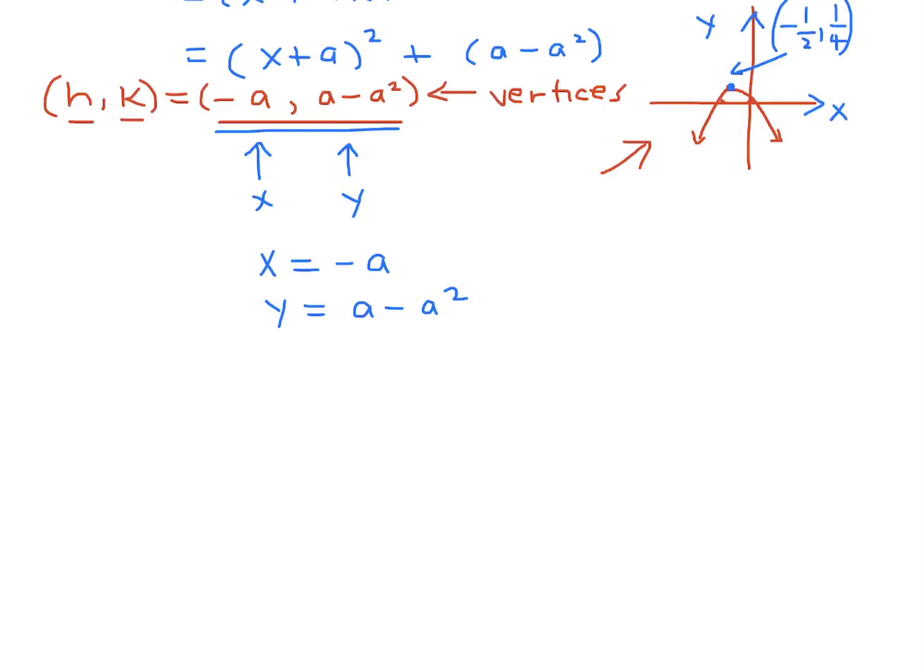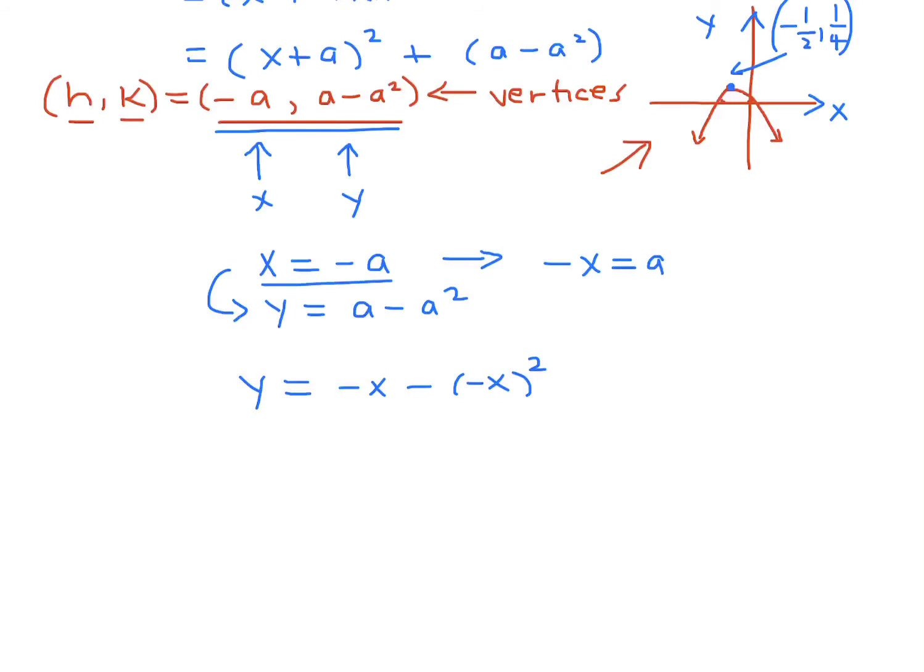So just substitute. We know x is equal to -a, so substitute this into this. So y will equal -x minus (-x) squared. Correct? Just in case you got a little confused, -x is equal to a, just from this equation right here.